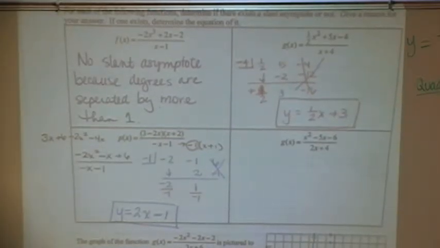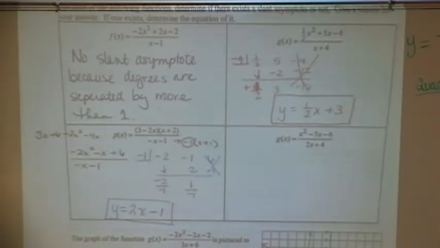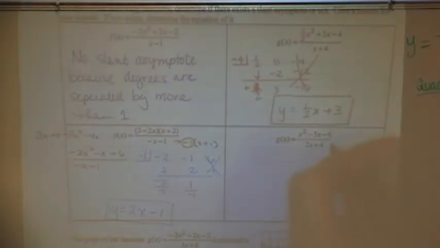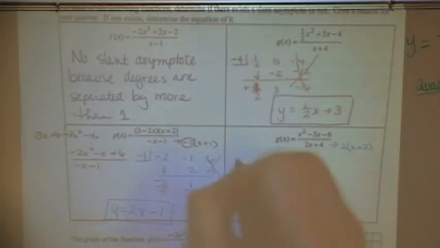Is everybody okay? I think that one was only a little confusing because there were a lot of ones involved. It will almost be easier if they were just numbers. Okay, will g of x have a slant asymptote? Yes. So same thing, I'm going to factor out a 2 so that I know what to put in the box.